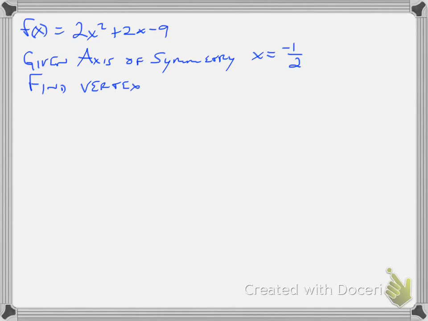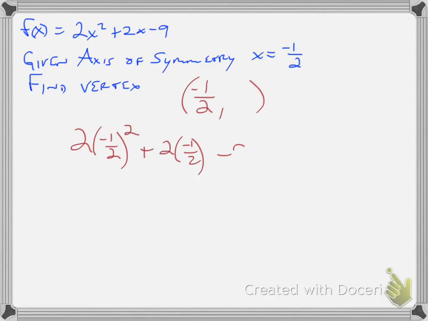So, since the axis of symmetry is x equals -1/2, what that means is that in the vertex, my x value is -1/2. So when I plug that into the equation, I can find the y value on the graph, and I know that's going to be on the vertex, so the y value will give me the rest of my vertex.